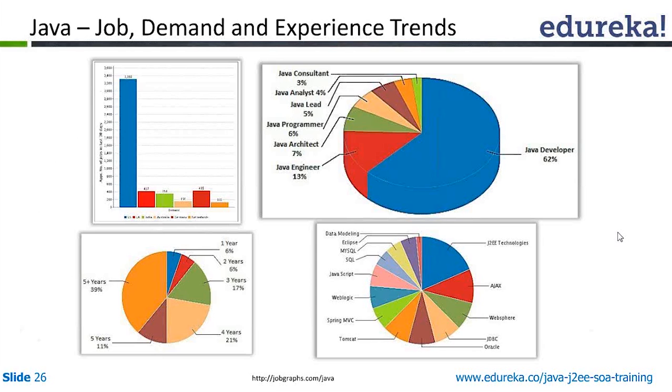A couple of interesting graphics out here. If you look at this, it indicates the various countries and their demand for Java professionals. You can see probably US leading the demand, and the UK a bit behind, but the demand for Java is very high.